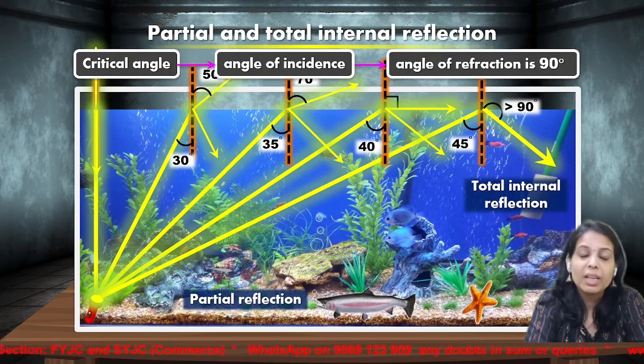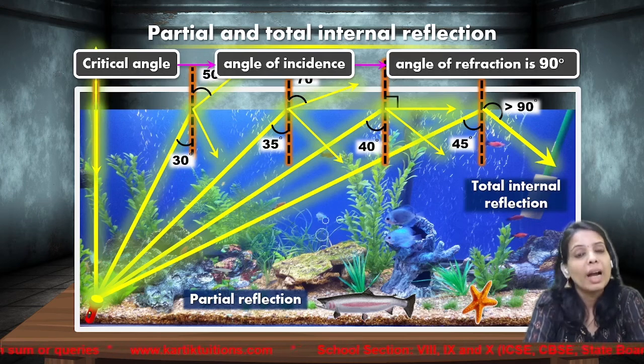So light, instead of getting refracted, gets internally reflected. This phenomenon is termed as total internal reflection. And total internal reflection will take place only when the angle of incidence is increased beyond the critical angle.